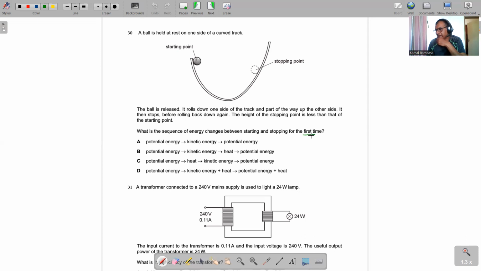For the first time, il veut dire. Mais, puisque ça pas symétrique, nous assume que ça symétrique, il pas boost to the same height, eh bien, il lost certain amount of energy. Et comment il est capable de lost sa energy là? Only by heat. Or by sound. Ça veut dire, potential energy to kinetic energy plus heat. Vous êtes bien? Potential energy to kinetic energy plus heat, bien sûr. What is the sequence of energy changes between starting and stopping for the first time?